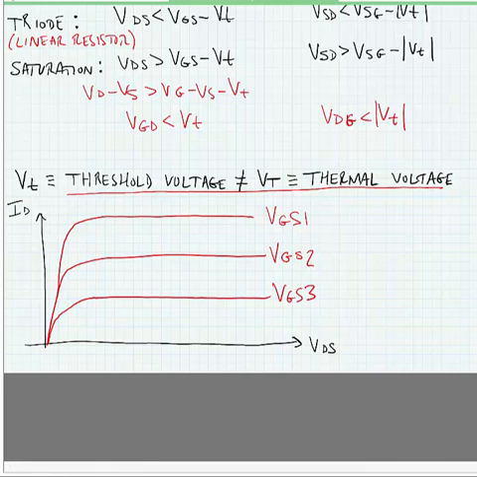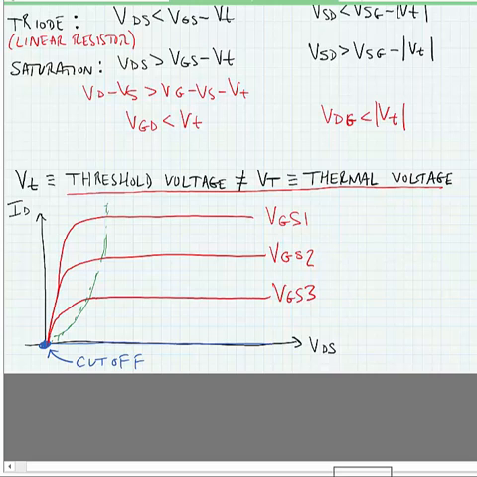Okay, so we know that no current flows in the devices in cutoff. So basically, cutoff corresponds to this point here. And of course, it would correspond to no current flowing if the drain to source voltage is raised. Now, when the transistor is on, we can separate the region similar to how we separated it for the bipolar transistor.